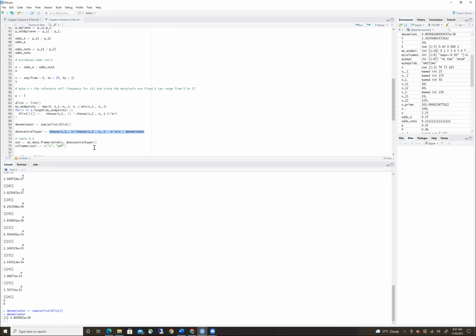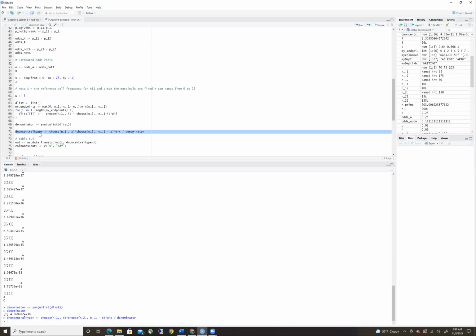The numerator of 6.35, remember, is choose. This is how you do choose in R, using the choose function, but it's really n1 dot choose x times n2 dot choose n dot 1 minus x times omega to the x. So this is giving us the value of the PDF.